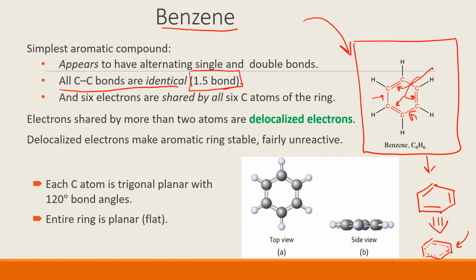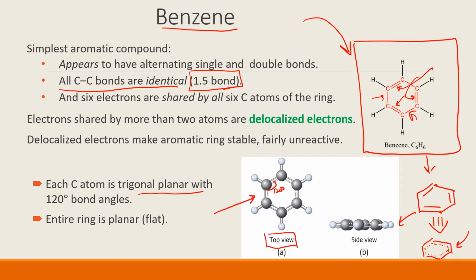The ball and stick model of benzene is shown here. This is the top view and that's a side view, and you can see that benzene is a flat planar molecule, and each carbon atom is trigonal planar with a 120-degree angle.